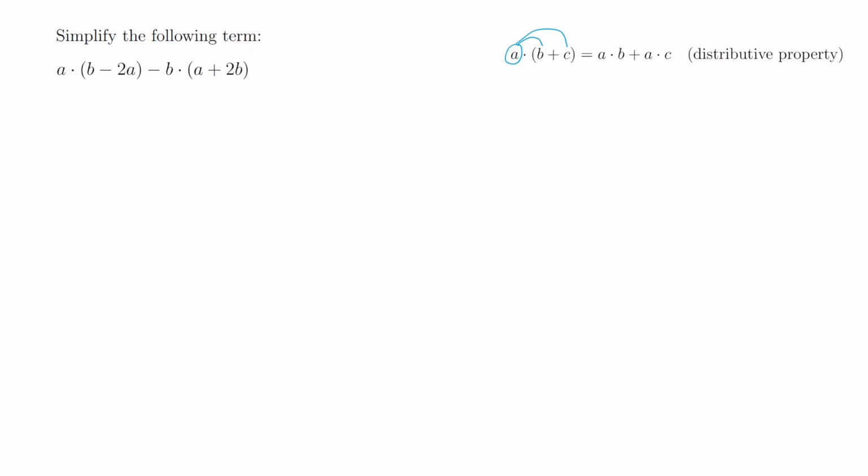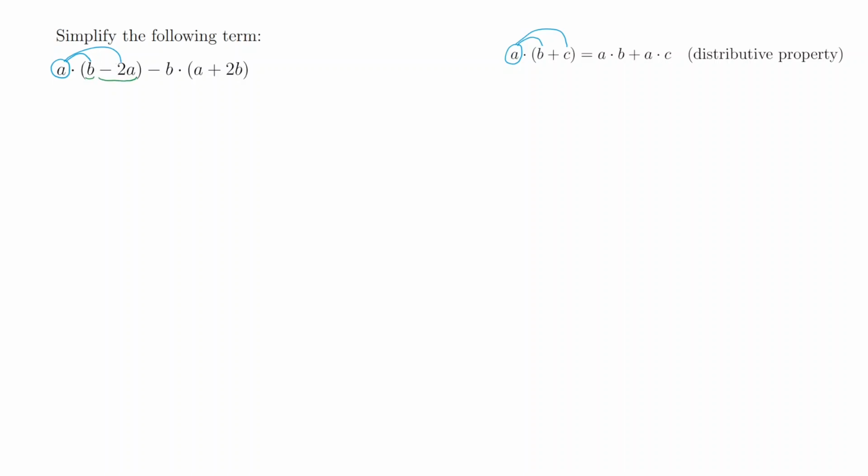So what we will do here, we have to multiply the a with every part inside, so with the b and also with the minus 2a. Always be careful, there's a minus in front of the 2a, so we also have to take the signs. I would like to highlight the different parts. First part is b and our second part is minus 2a.